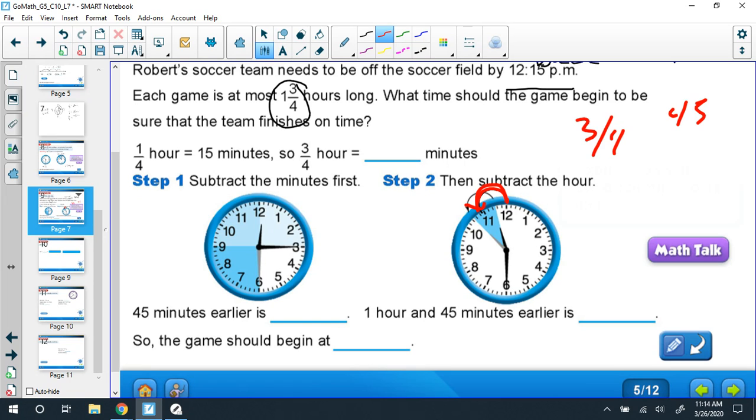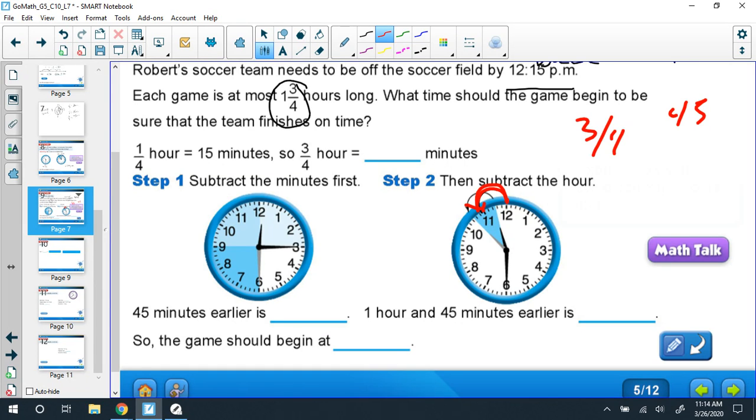And just to make this a little bit simpler, I'm actually going to count these off in quarters. Because it's 11:15, 15 minutes before that would be 11 o'clock. 15 minutes before that would be 10:45, and 15 minutes before that would be 10:30.